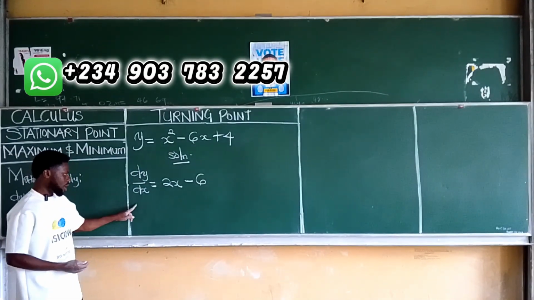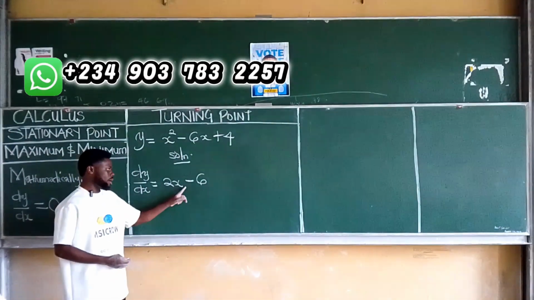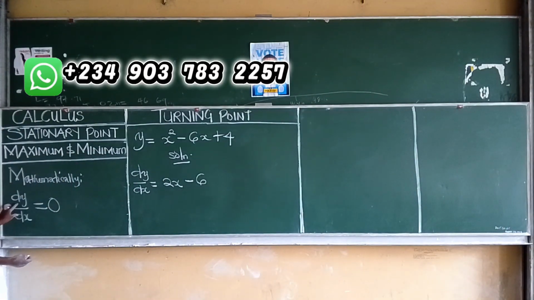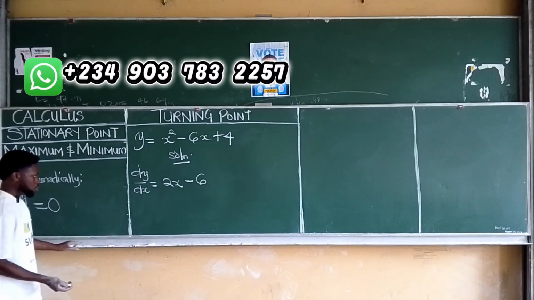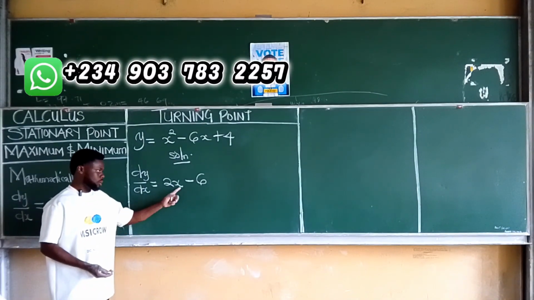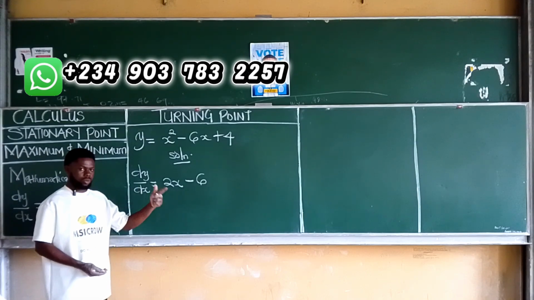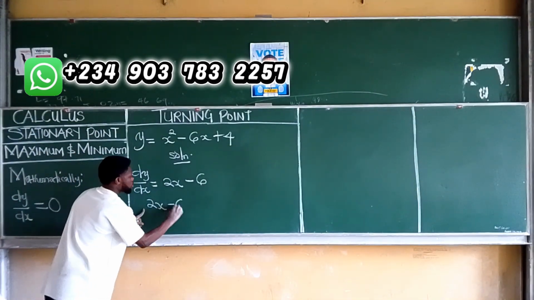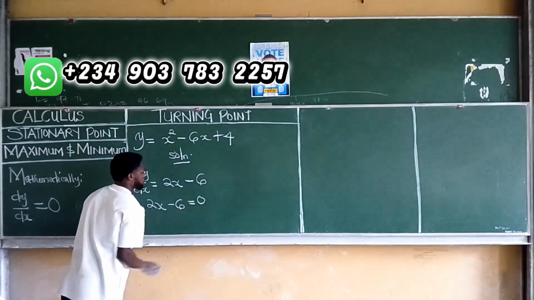So dy over dx gives 2x minus 6. But the idea is that at stationary point, dy over dx is equal to 0. So that means this 2x minus 6 should be equated to 0. And we have 2x minus 6 is equal to 0.